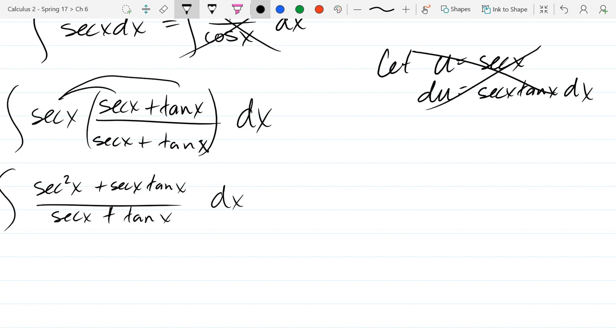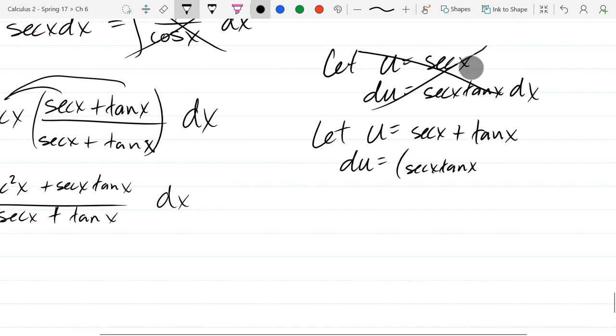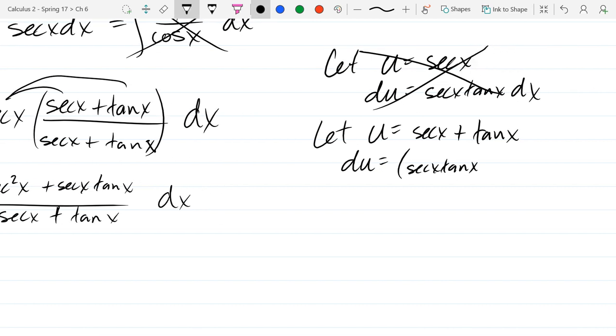Let's try the other u now. I know derivative of secant is secant tangent. What is the derivative of tangent? Secant squared.